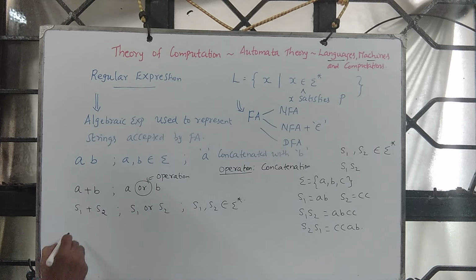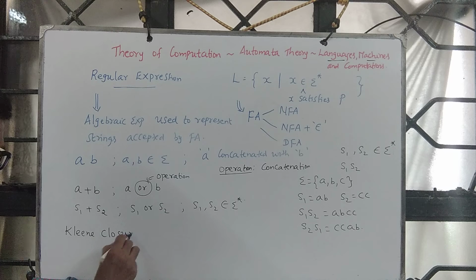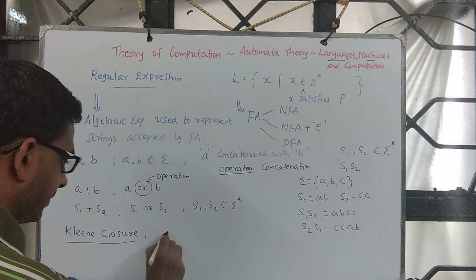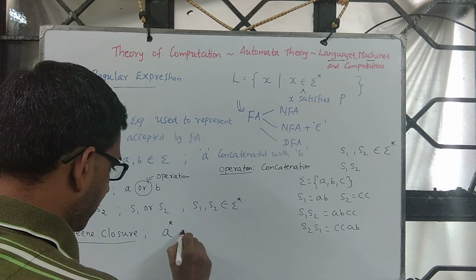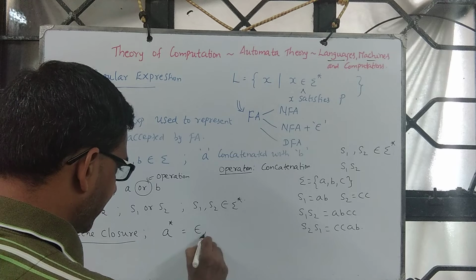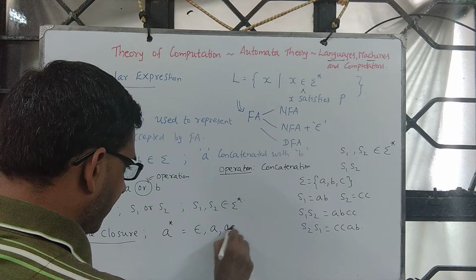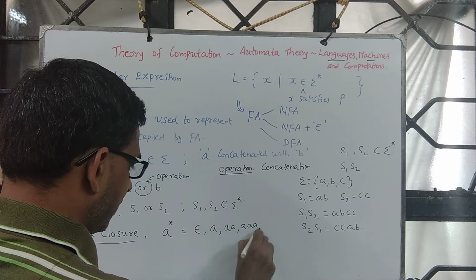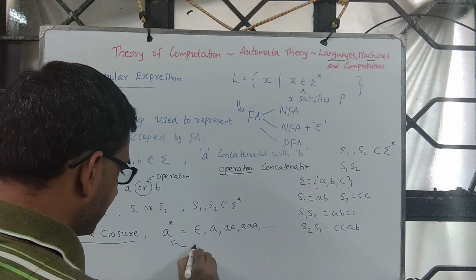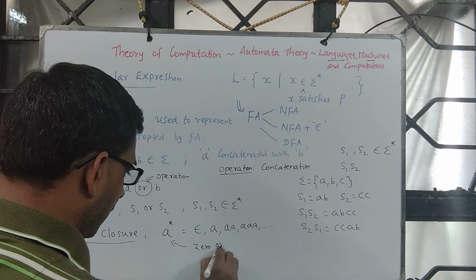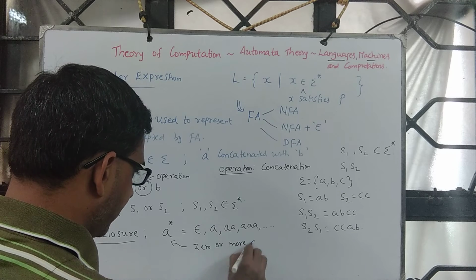On similar lines, one can define something called Kleene closure. This means something like, say, A star. When I write A star, which means it is epsilon, A, AA, triple A, and so on. So this says 0 or more A's.